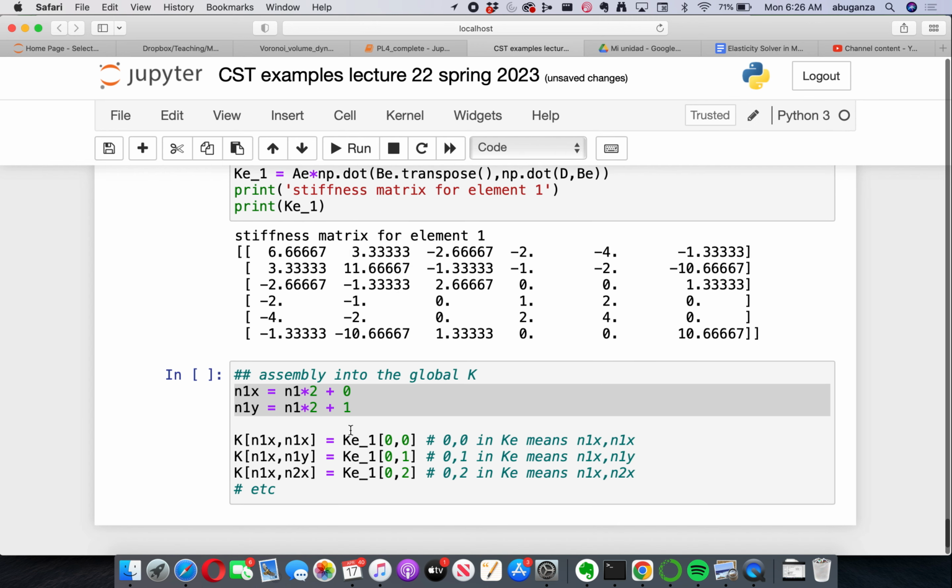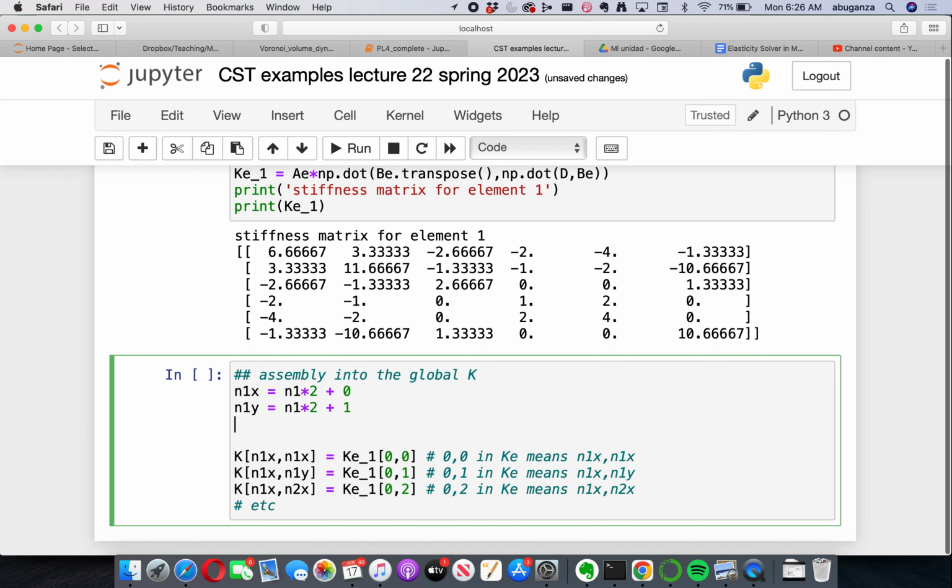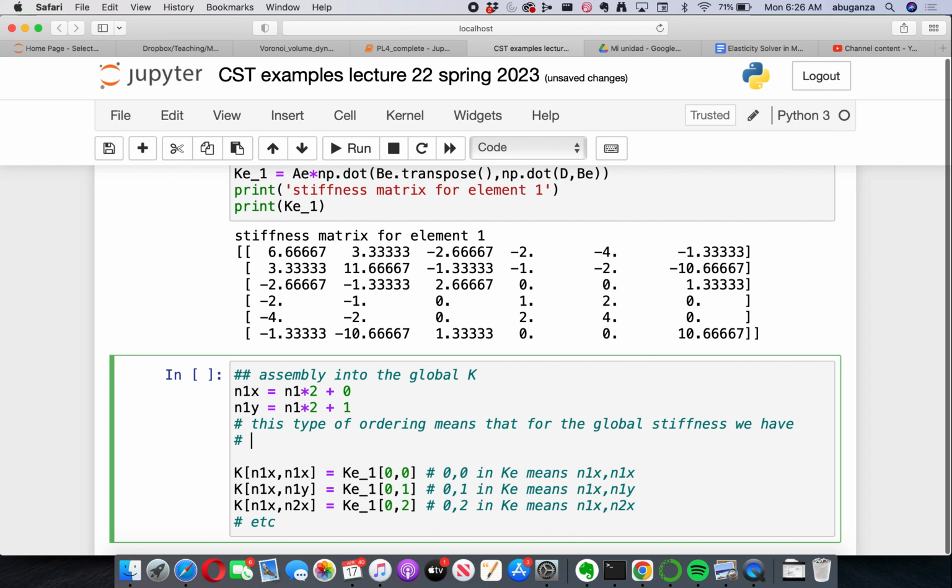So this ordering guarantees that for the global stiffness you have n1x, n1y, n2x, n2y, n3x, n3y, etc. And that's why you have 2 times the number of nodes.